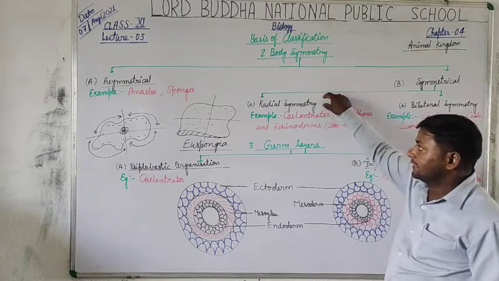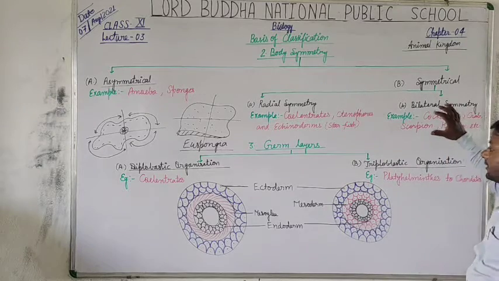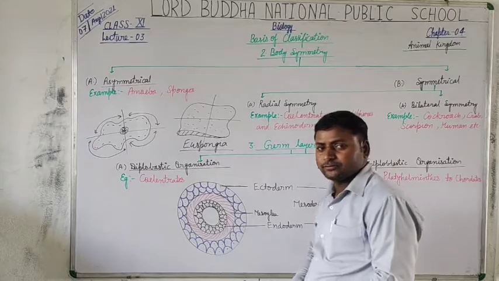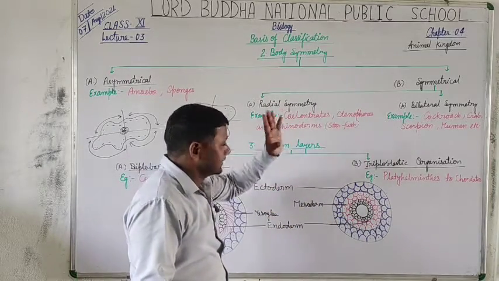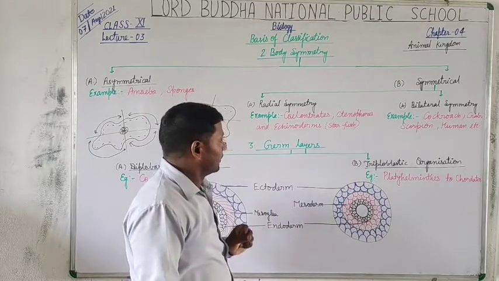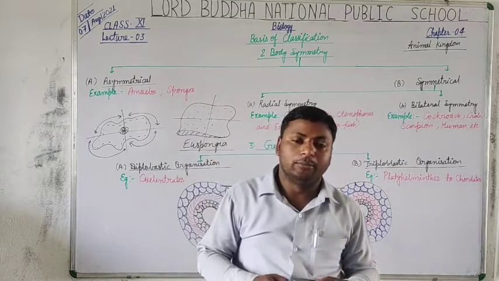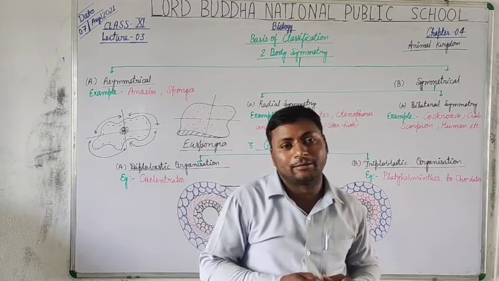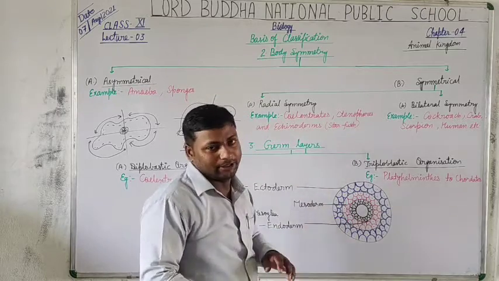The first one is radial symmetry and the second one is bilateral symmetry. Students, radial symmetry, as its name suggests, is when an animal's body can be divided into many radial segments. This is called radial symmetry.